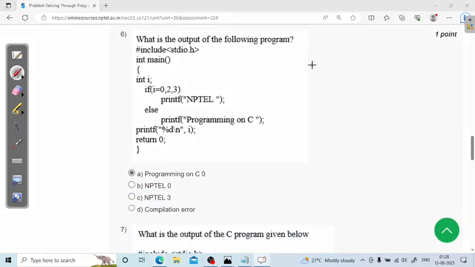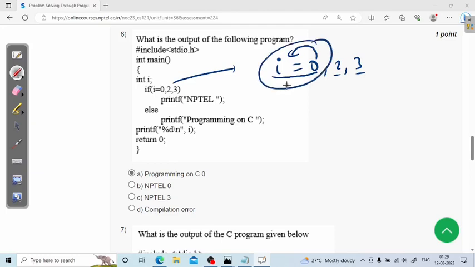What is the output of the following program? Now in this, again it is trickier. In the if condition, it is written here i is equal to (0, 2, 3). Now whenever we have this situation, it means we have to execute this and we have to ignore both of them. Okay, so i is equal to 0 means ultimately 0 is set in the variable i, and the resultant answer is coming as 0.